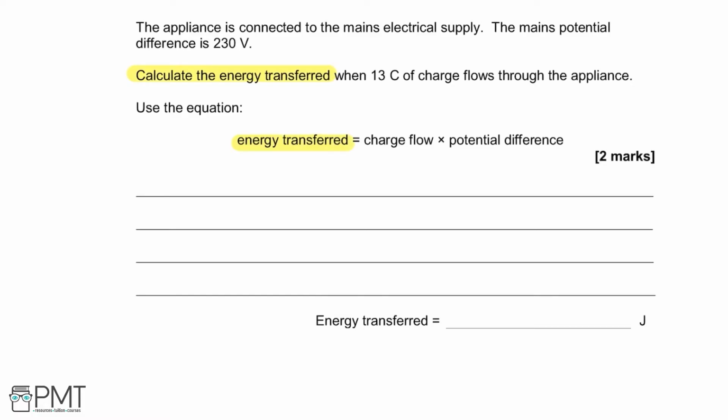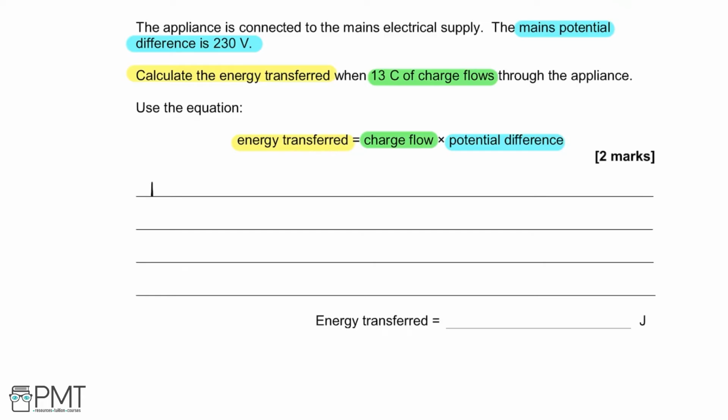So first of all, we need to find charge flow. We're told that 13 coulombs of charge flows through the appliance, and we need potential difference. And the mains potential difference is 230 volts. So all we need to do is substitute this in.